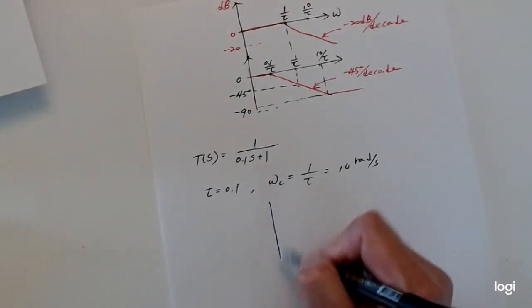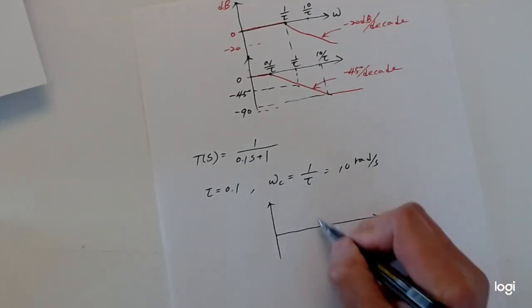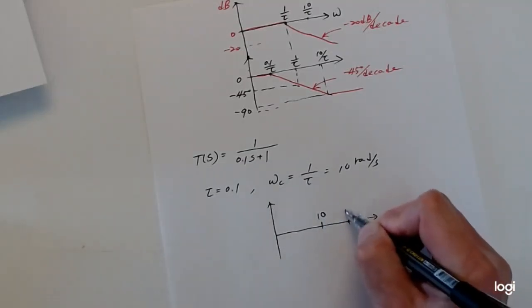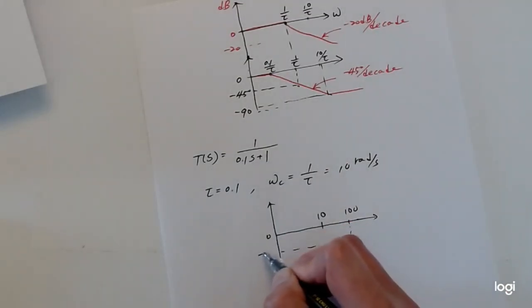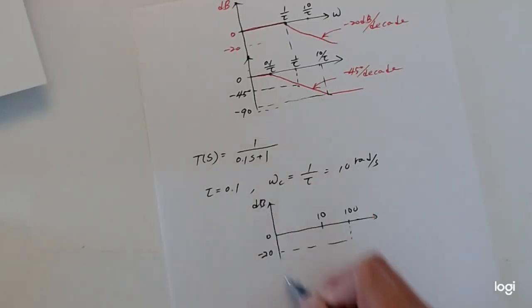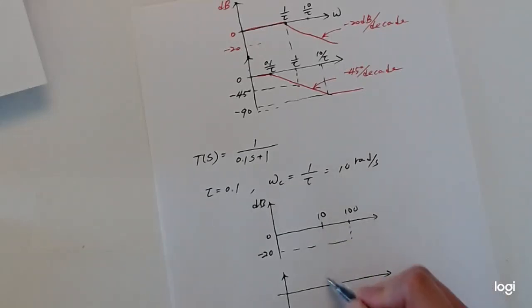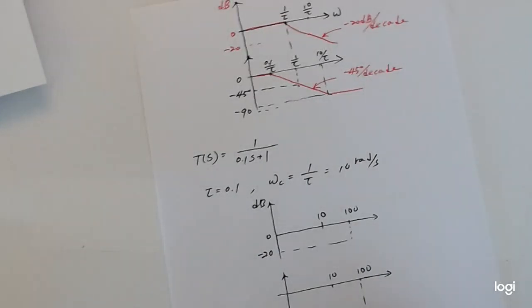From 10 to 100, the drop is 20 dB, or minus 20. The phase angle goes from 0 to minus 45 at the cutoff to minus 90.